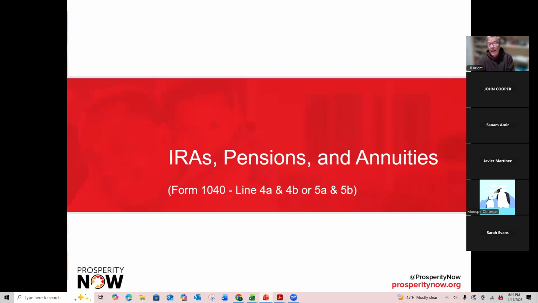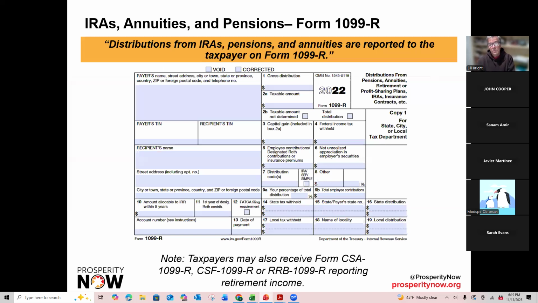IRAs, pensions, and annuities. The reality is that all three of those use basically the same type of form, the 1099-R. As far as pensions go, the only real pensions we're going to see are from the state of New Jersey, or possibly some folks who were tradespeople and were in a union.